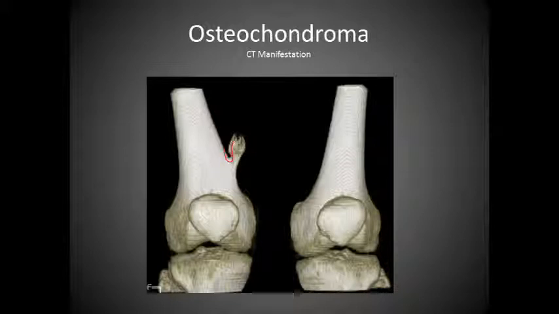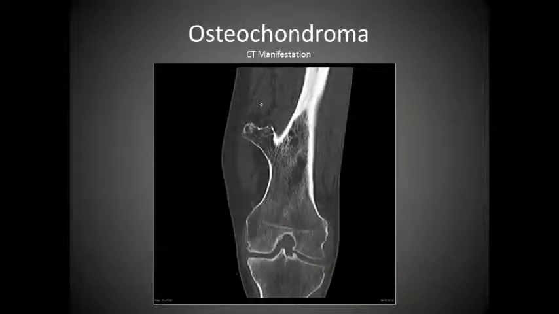Here's what it looks like on CT. You can see that it just kind of comes out and looks just like an extension of the normal bone. Here is a CT in bone windows.